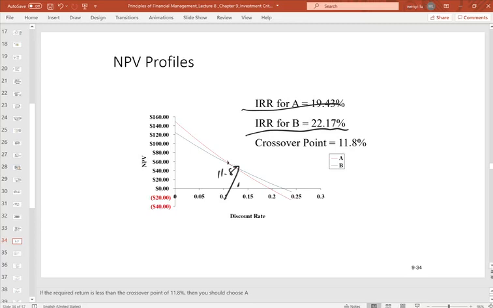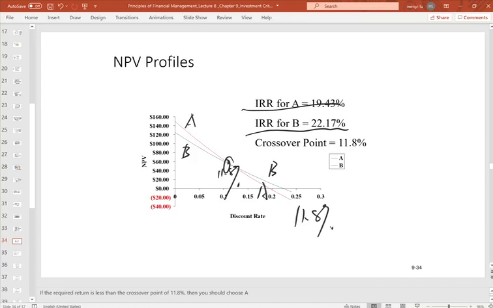So if the discount rate is less than 11.8%, A is better than B. But if the discount rate is more than 11.8%, B will be better than A.